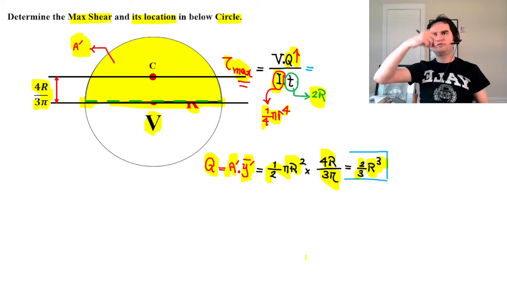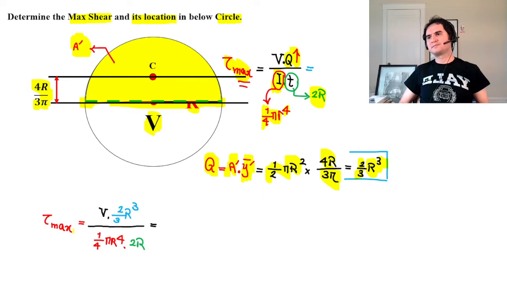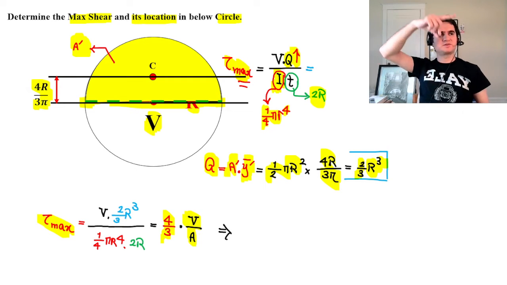And if you replace that in the formula for tau max and simplify the equation, it gives you 4/3 of shear over the area of the entire circle.